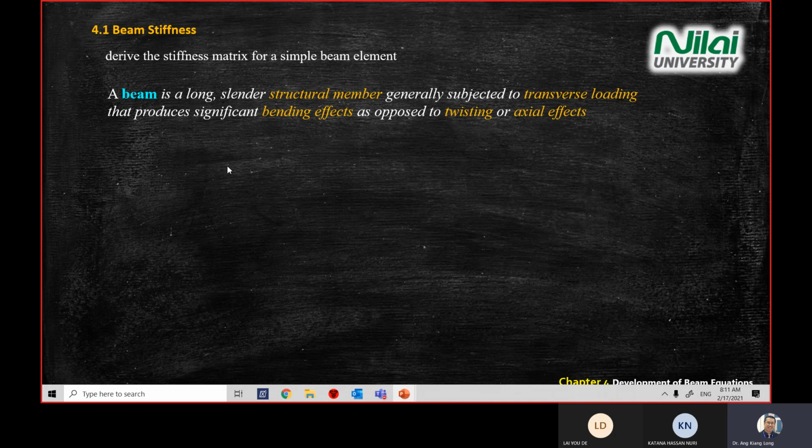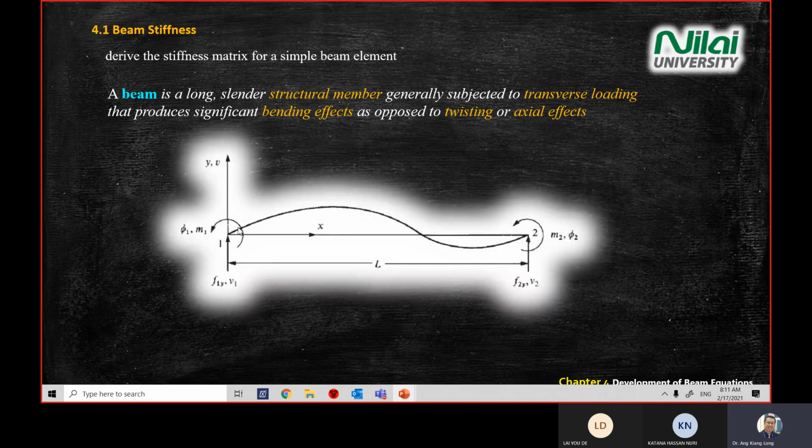So what is a beam? A beam basically consists of a structure member that has a loading at both ends, and then it will behave under loading. As what you see on the screen here, let's say you have a structure member. Before loading, you'll see a straight line.